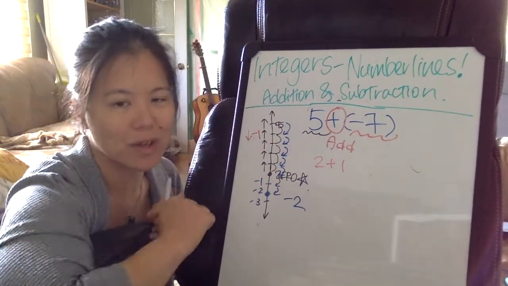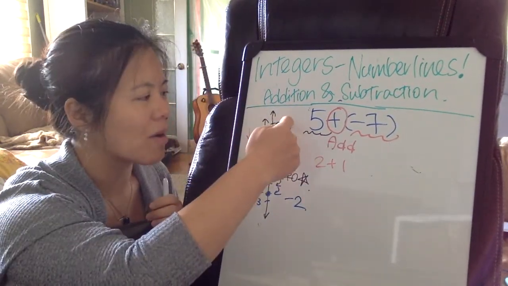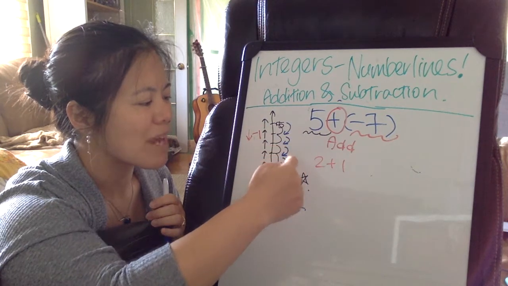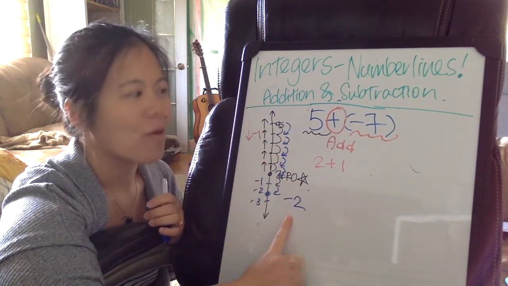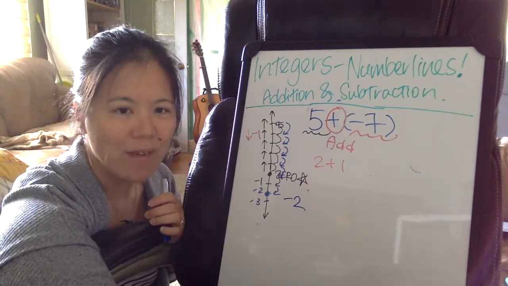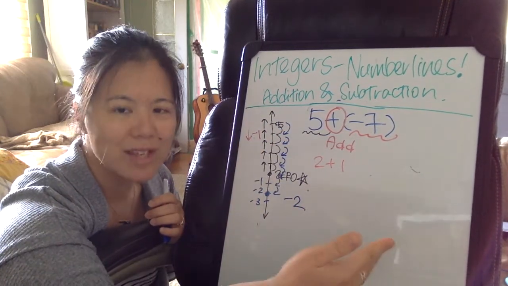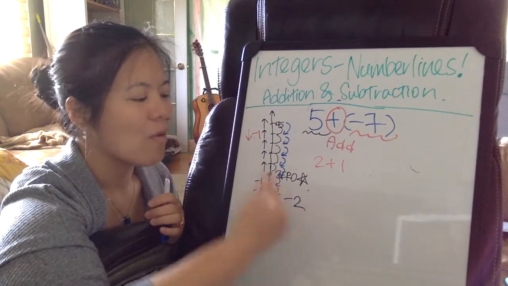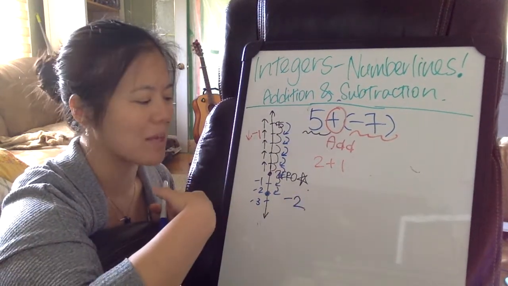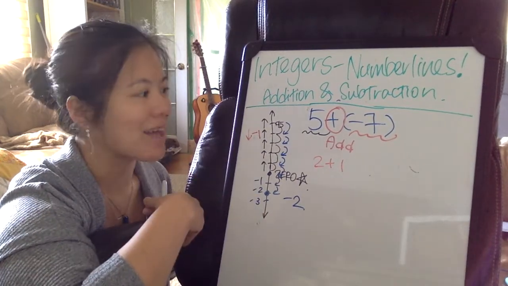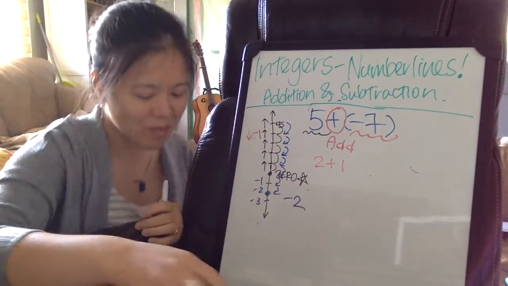That means downwards. So you are going 1, 2, 3, 4, 5, 6, 7. Although you started out with $5, now you borrowed $7, so now you owe $2. That means you're in the negative. So that's -2. So that's question number 2.